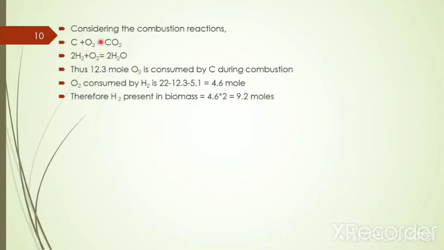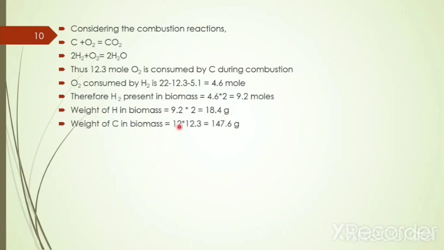So we are using these two equations and comparing the moles on both sides. We can say how many moles of carbon and how many moles of hydrogen are present in biomass. So the weight of hydrogen will be 9.2 into 2, 18.4 gram. Weight of carbon in biomass will be 12.3 into 12, 147.6.